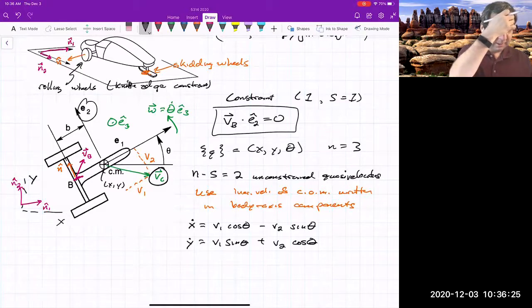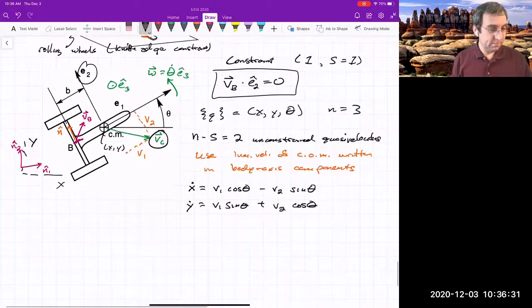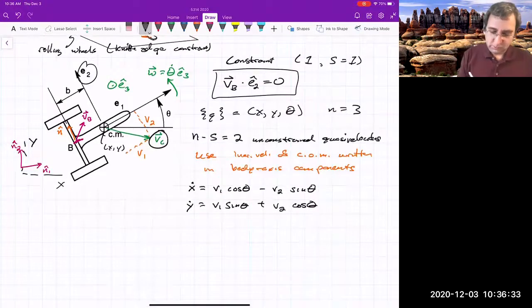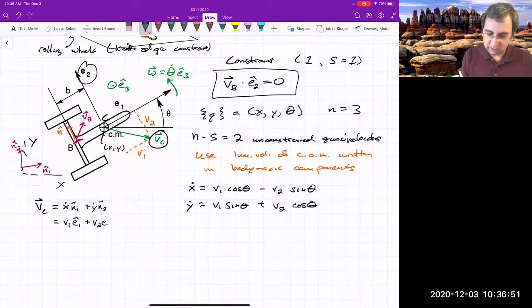It's looking like V1 and V2 will work as quasi-velocities. And what's the velocity of point C, the center of mass? We could write it as X dot N1 plus Y dot N2, but equivalently, this is V1 in the E1 direction plus V2 in the E2 body fixed direction.